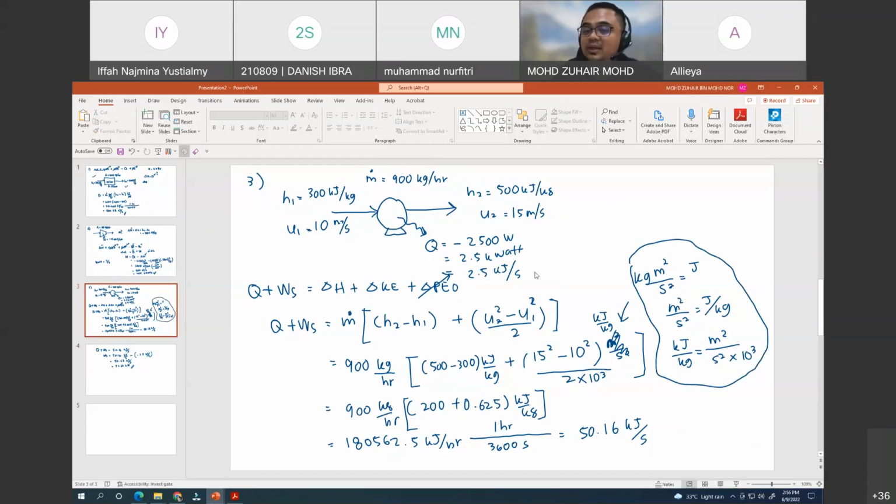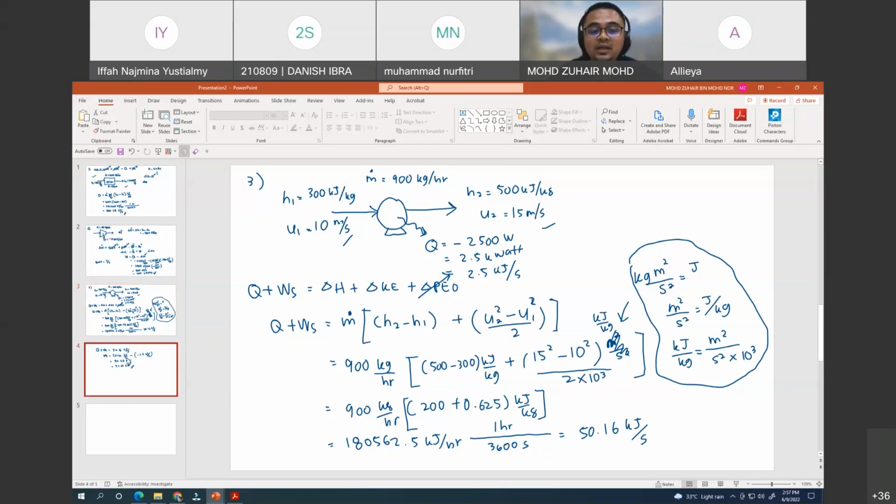Normally it's going to be like this, because the velocity will be in meter per second, so definitely it's going to be meter power of 2 over s power of 2. So what you need to do is divide by 10 power of 3 in order to get kilojoule. So don't worry about it. Even for the potential energy it will be more or less the same. We are going to do it in example 4.